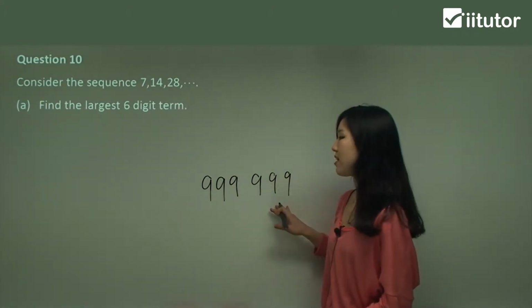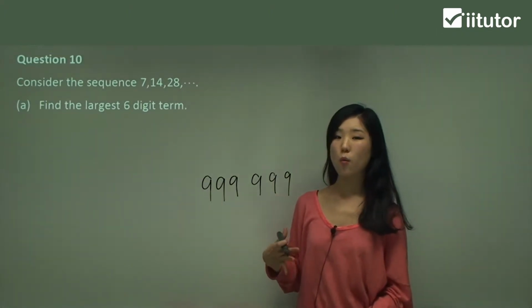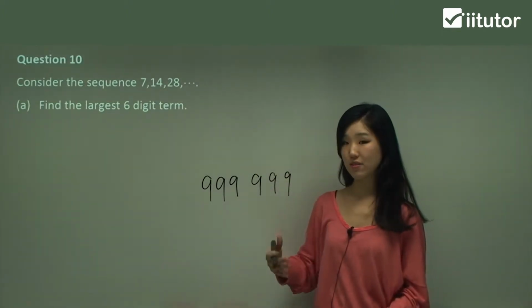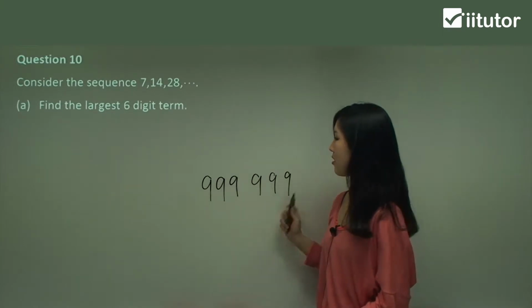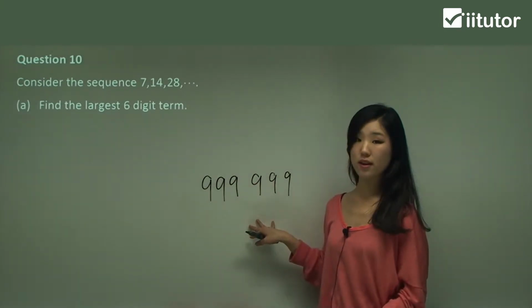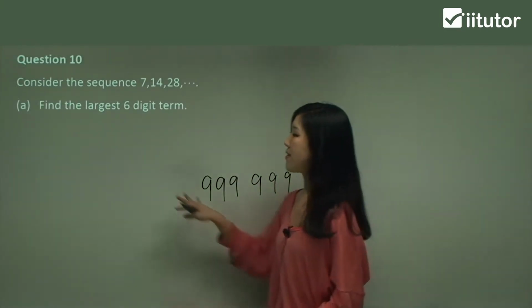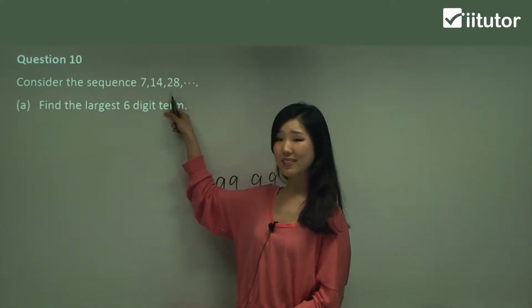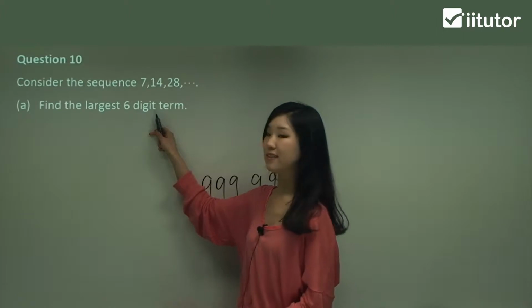That is just below 1 million, and 1 million is the smallest 7-digit number. So the largest 6-digit number would be this one, but we want to find the largest 6-digit term in this sequence. That's basically what they're asking us to find.